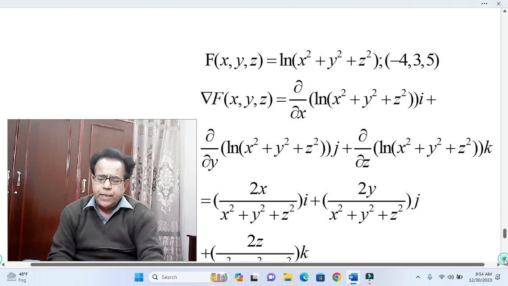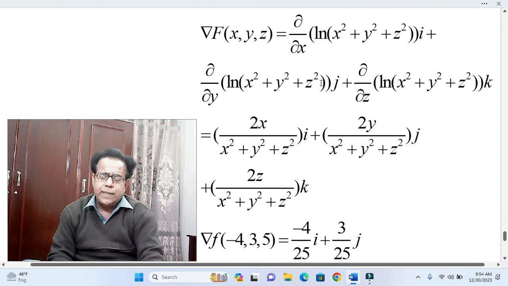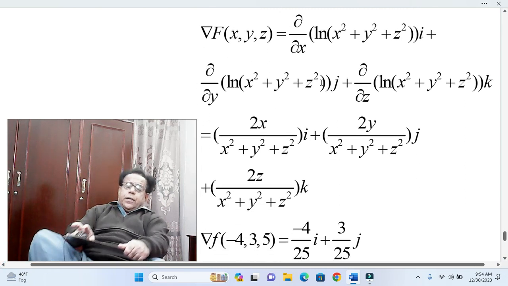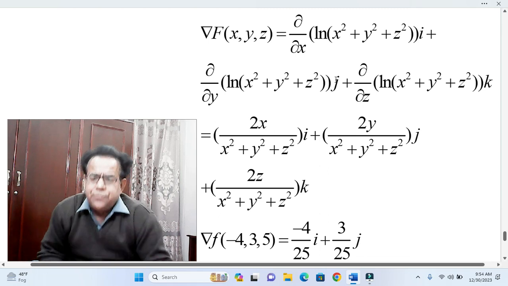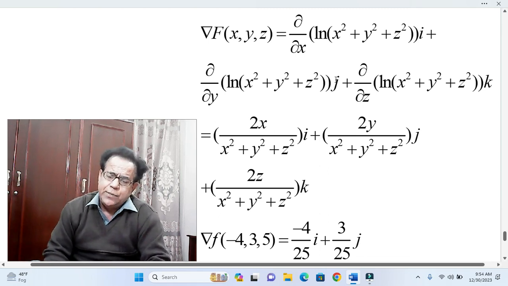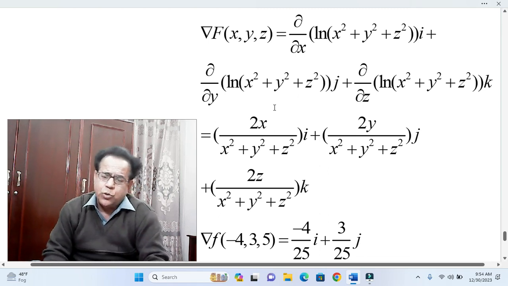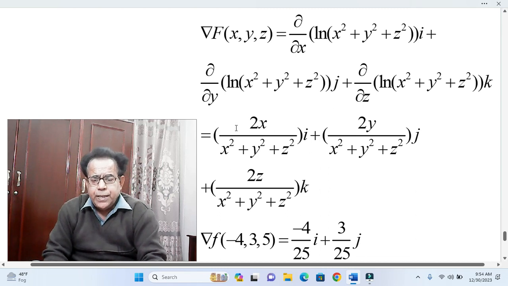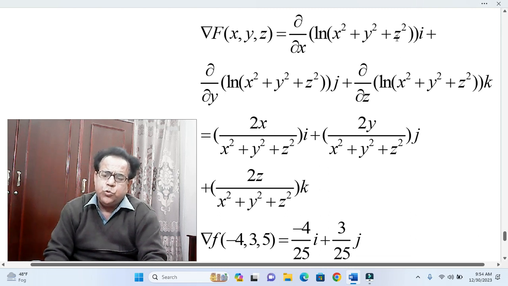As I have told, differentiation of log of something is 1 over that thing times differentiation of that thing. So here 1 over x square plus y square plus z square and here 2x. Similarly, in case of y only 2y and 2z in case of z.